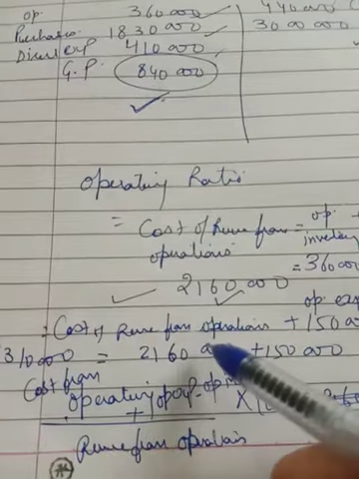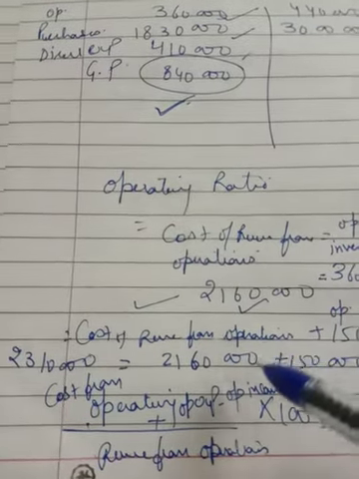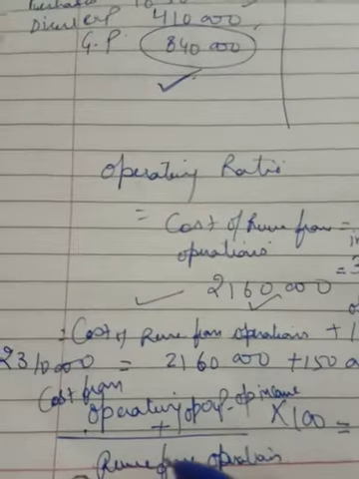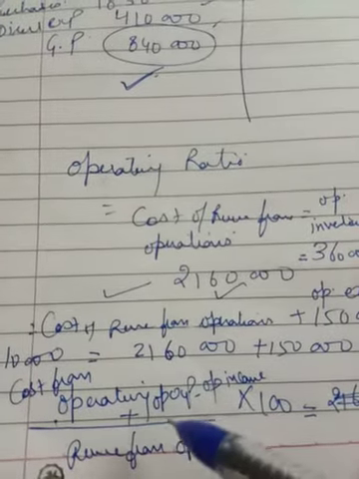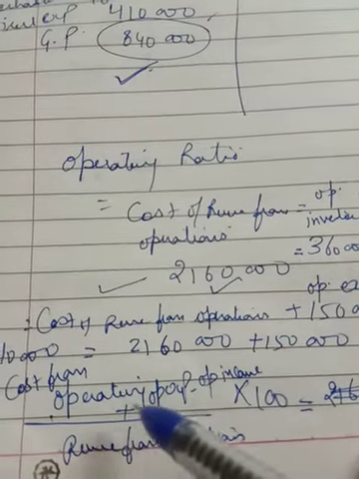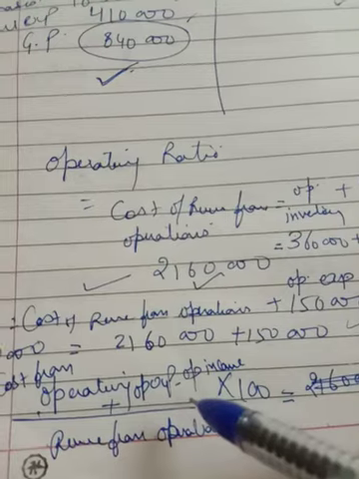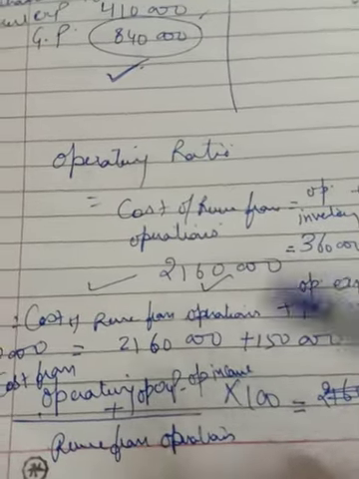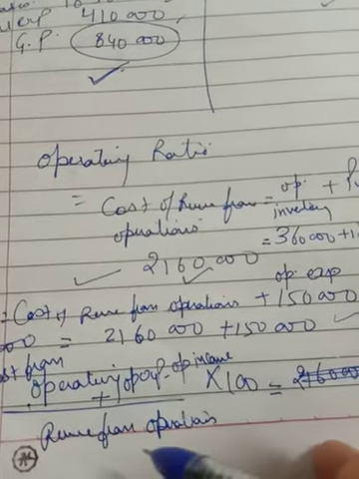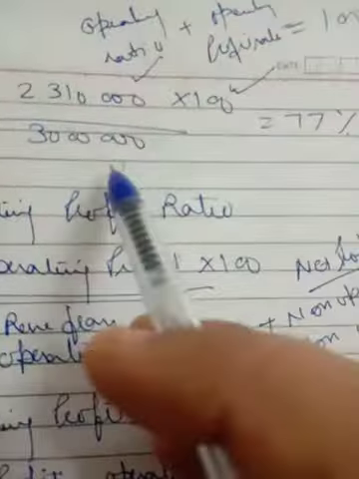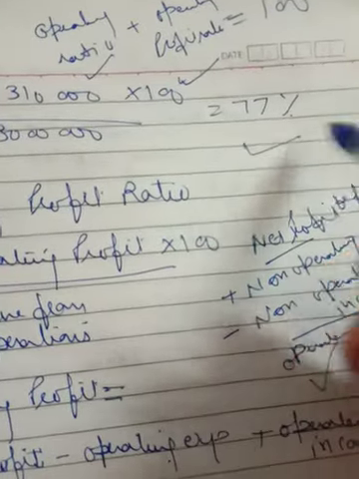The formula is cost of revenue from operation plus operating expenses less operating income. Operating income is not given, upon net revenue from operation into 100. So by this formula you will get 23,10,000 upon 30 lakh into 100, you will get the operating ratio 77%.